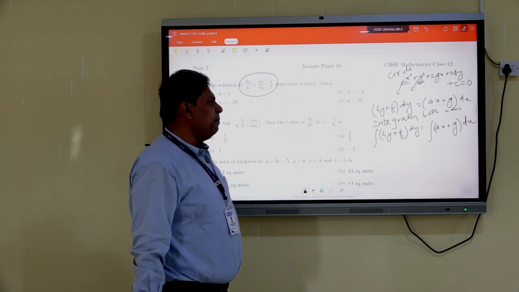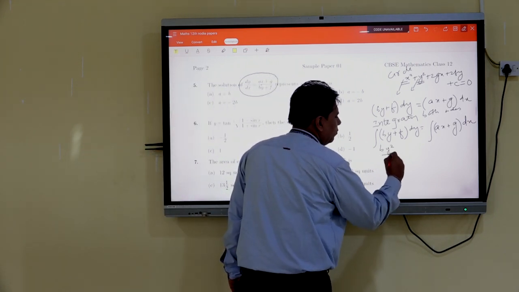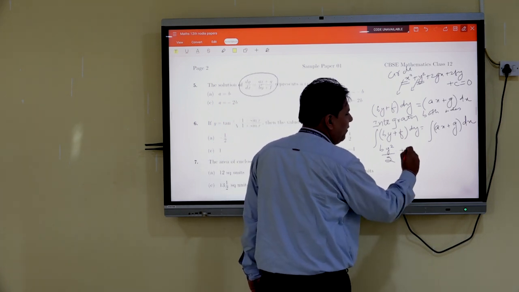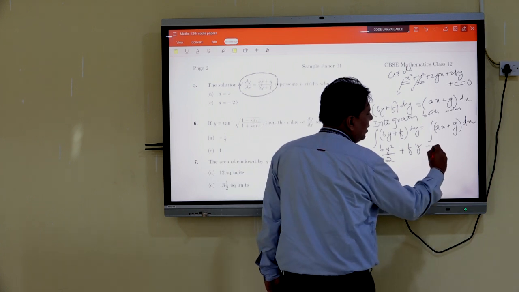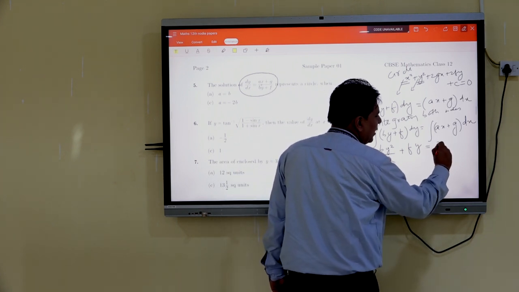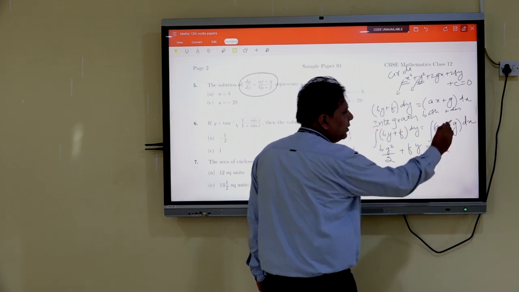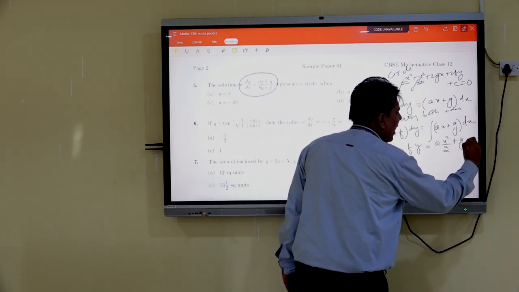So what is the integration of by? Integration of by is by square by 2 with respect to y. Then what is the integration of f dy? F is a constant, so the integration is only fy. Then what is the integration of ax dx? Ax integration is ax square by 2. Similarly, g dx integration is gx.